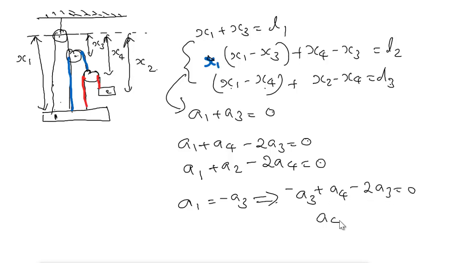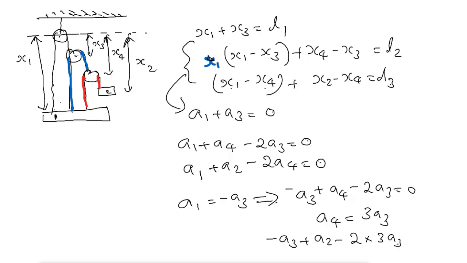Therefore, a4 equals 3a3. The next equation: a1 is minus a3, plus a2 minus 2a4. Instead of a4 I can write 3a3, so minus 2 times 3a3, minus 6a3, I will be getting.